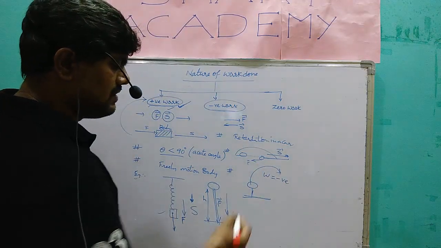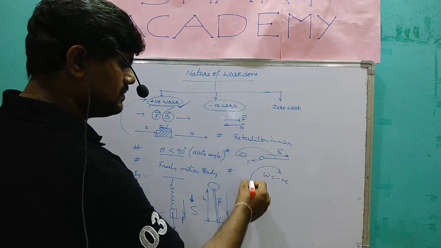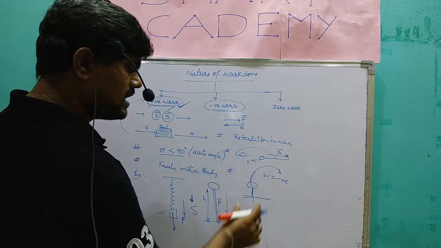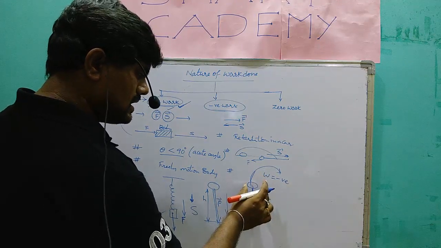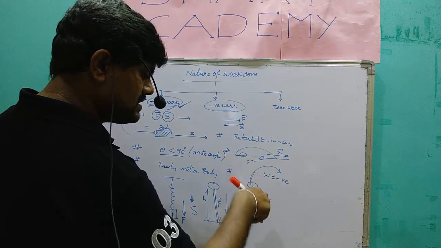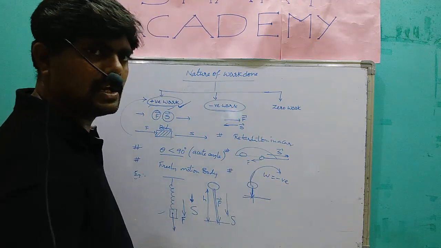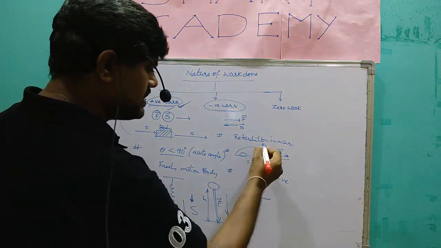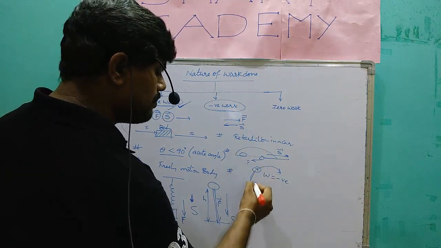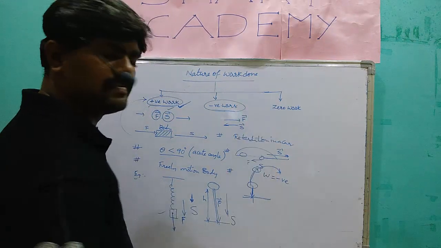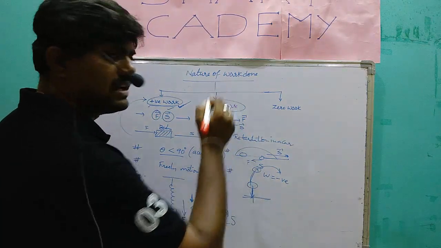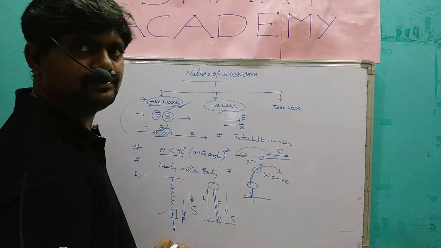Because when we project a body or object, the gravitational force is always working in the downward direction, but the displacement of the object is opposite to the gravitational force. That's why we take this work done as negative.